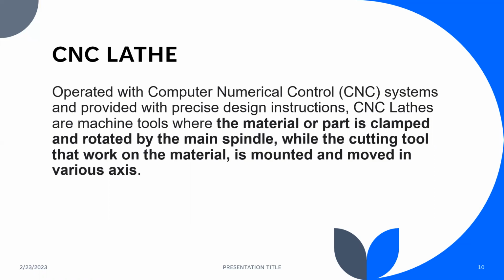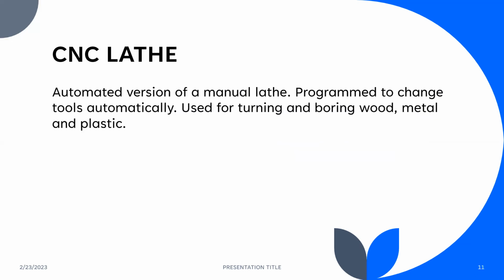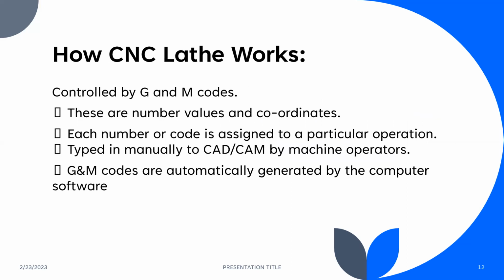See, the CNC lathe machine is controlled by the computer numerical controller. In a manual lathe machine, man controls the machine. Here the computer controls the machine. So that is the difference between the manual and CNC lathe machine.